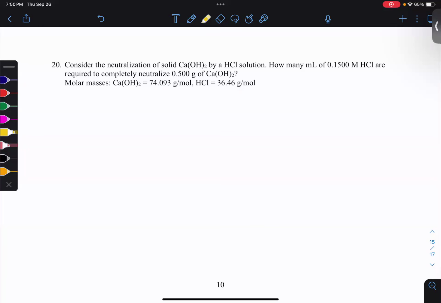Dang it. So here we're doing a neutralization reaction of solid calcium hydroxide by HCl. How many milliliters of HCl are required to neutralize this many grams of calcium hydroxide? So a chemical reaction is happening, so we have to write the balanced chemical equation of what's happening.